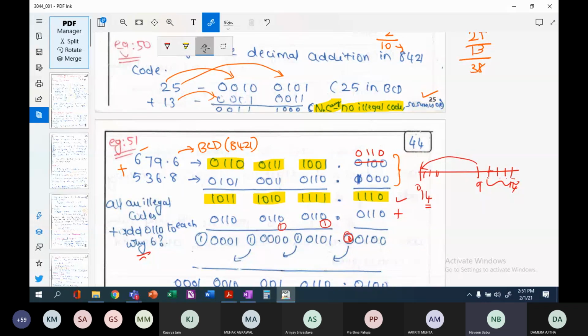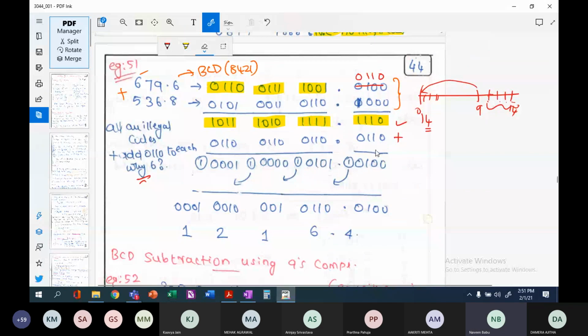Not right now, let me complete this particular part. You add it with a carry. This is one additional step. Instead, you could have added this one along with this. Otherwise, this is also fine.